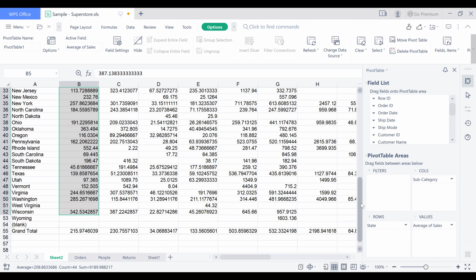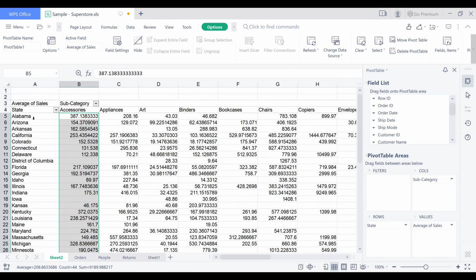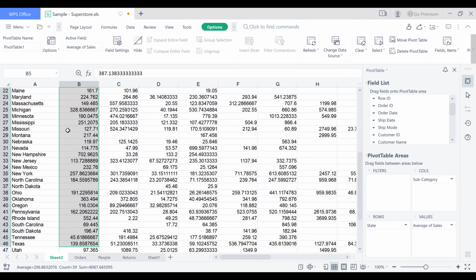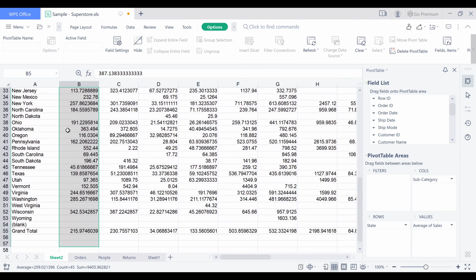Now what I am considering is the data has been split up at the state and subcategory level, and under the accessories, whatever states are there, I am taking the average of all the values. So it will come around 209. Total average for that particular accessories is 216. But when we consider the states and the subcategories, then the average will be 209.